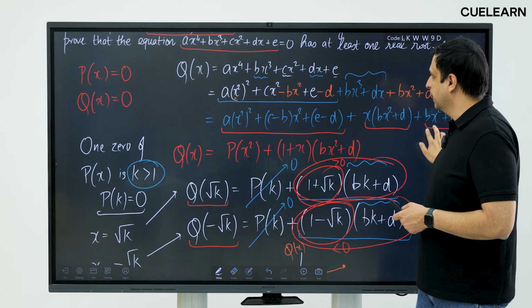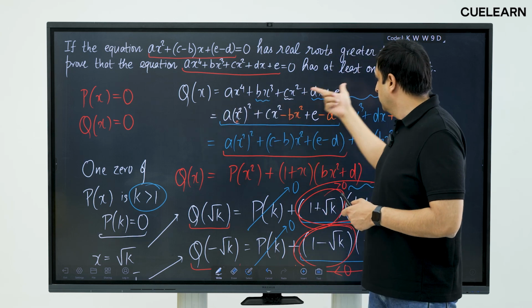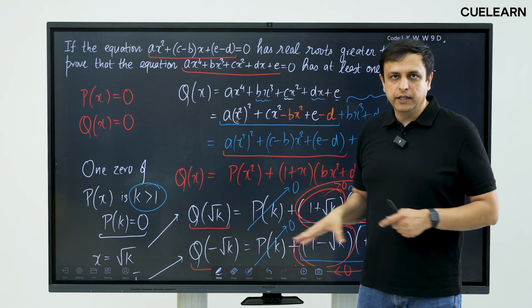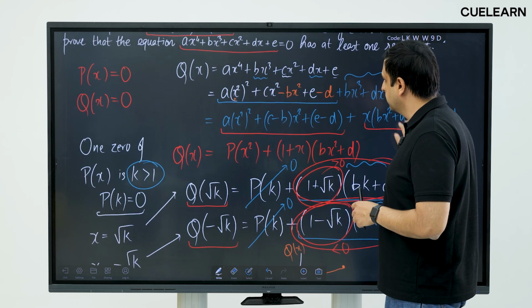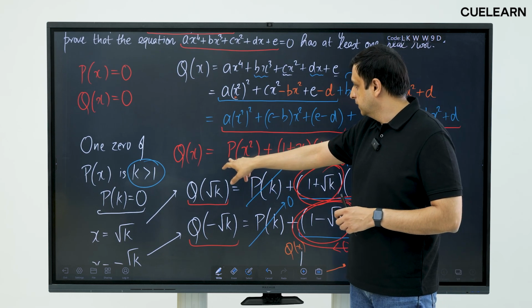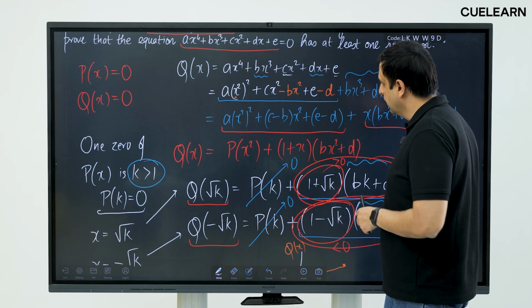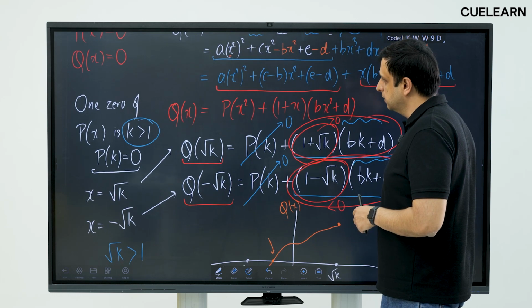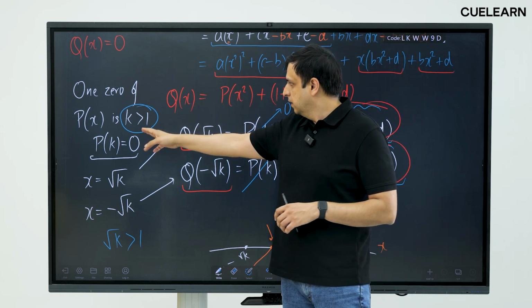So let me just recap what we did. Essentially we took the polynomial q of x, we rewrote and rearranged its expression so that we could express it in terms of the polynomial p, with p of x squared plus this expression. And then we knew that the zeros of p of x are greater than 1.